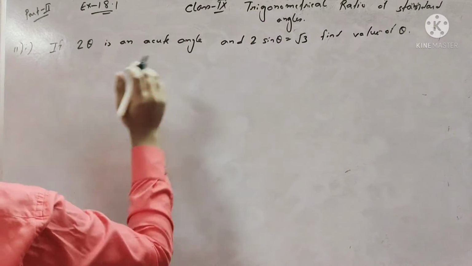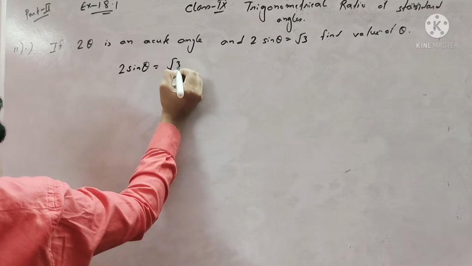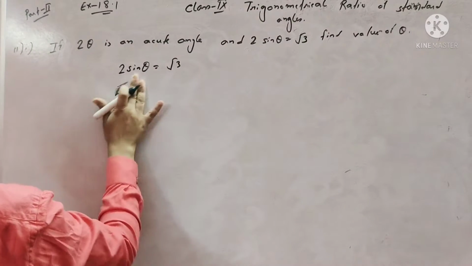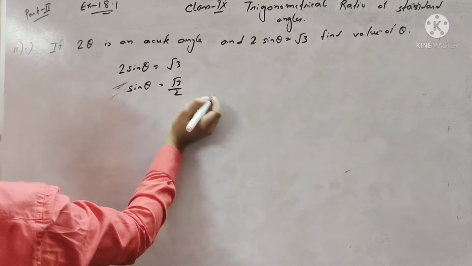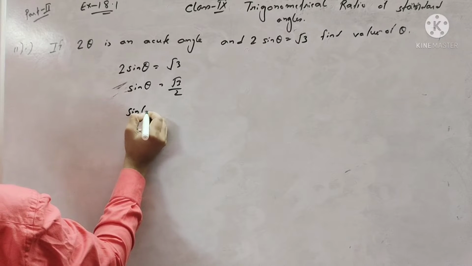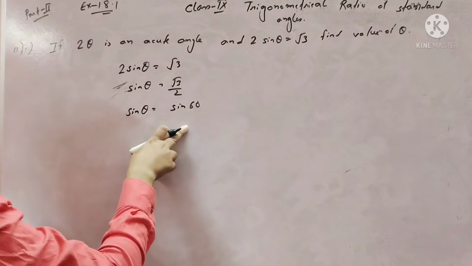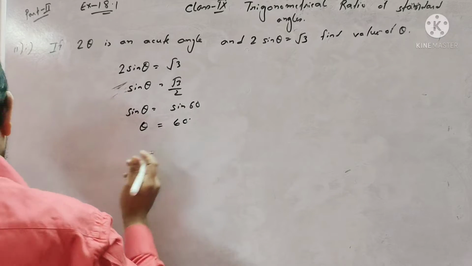So here 2 sine theta is given as root 3. We write sine theta equals root 3 by 2. We know that sine 60 value is root 3 by 2. So sine cancel, theta equals 60 degree. Okay.